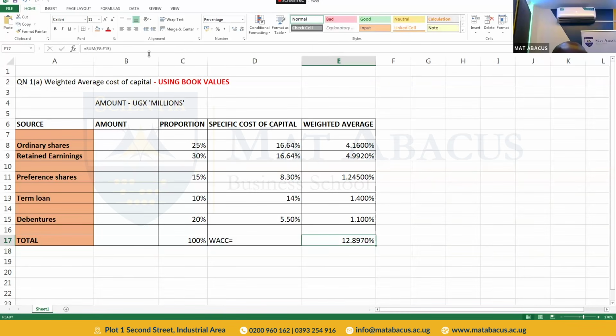Can reduce the decimal places. So that should have been our work the examiner wanted.